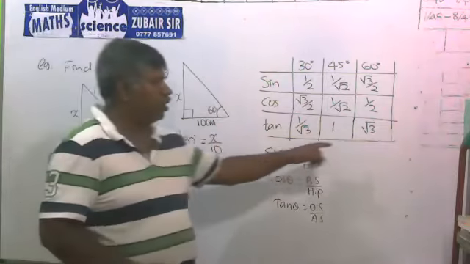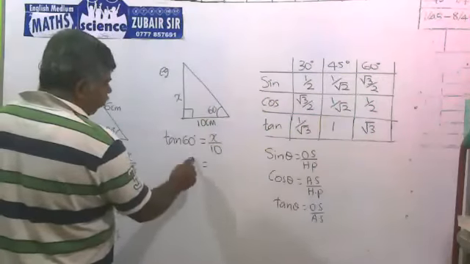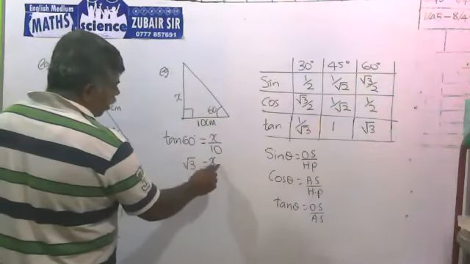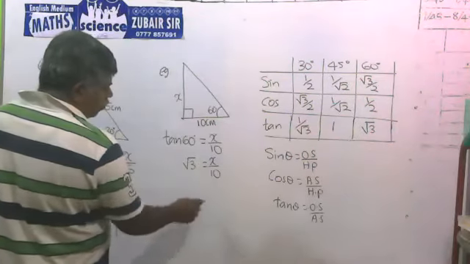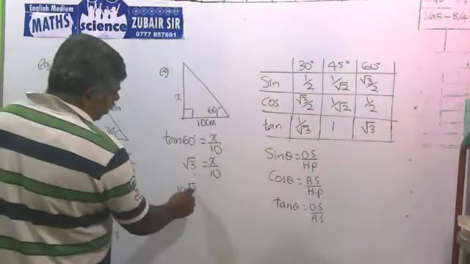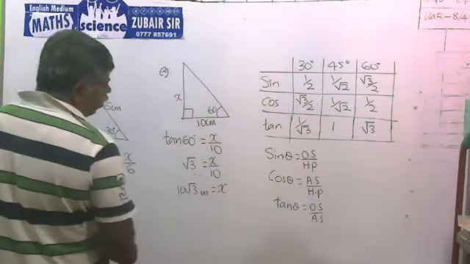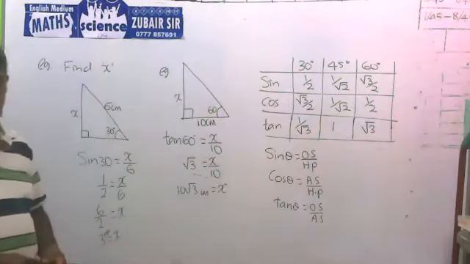What is tan 60? Tan 60 is root 3. So we can apply root 3 for tan 60, that is equal to x over 10. So when you multiply this, 10 root 3 is equal to x. Then x is equal to 10 root 3 centimeters.